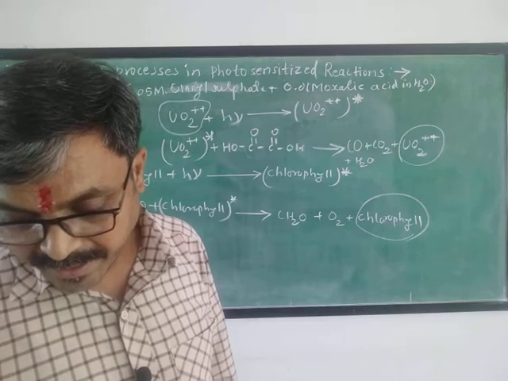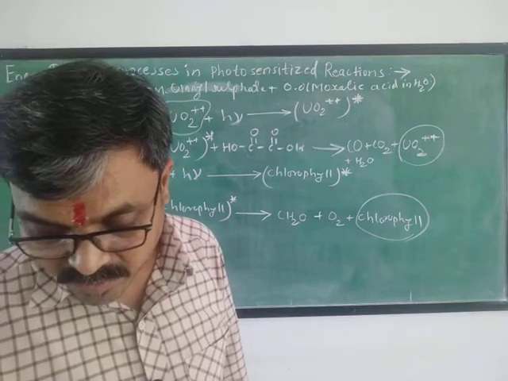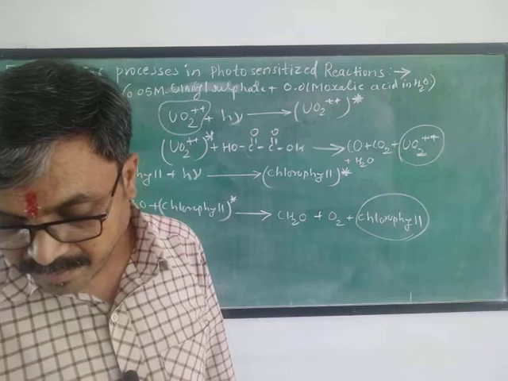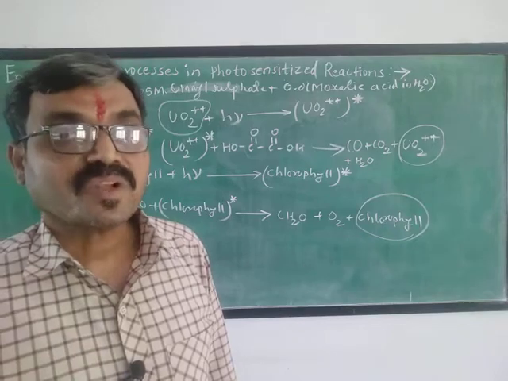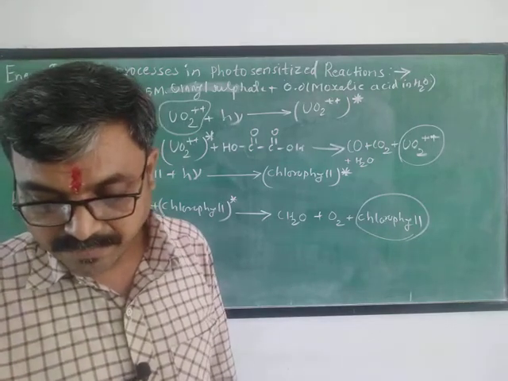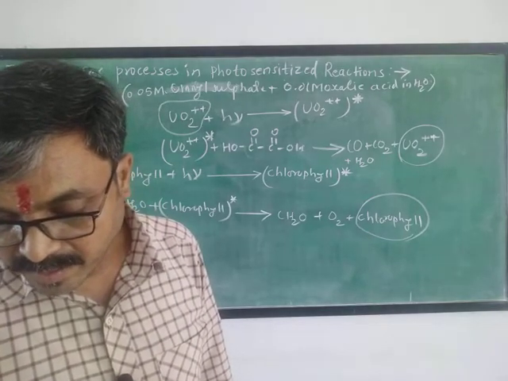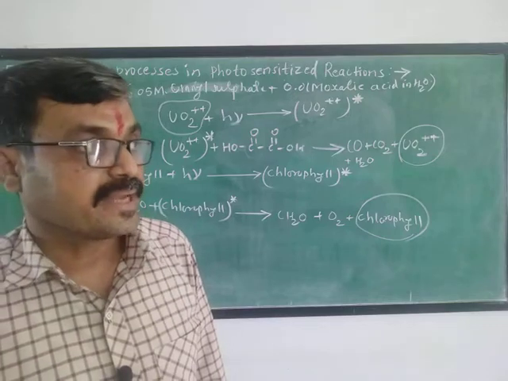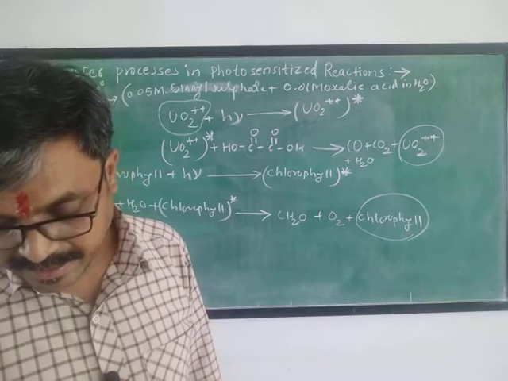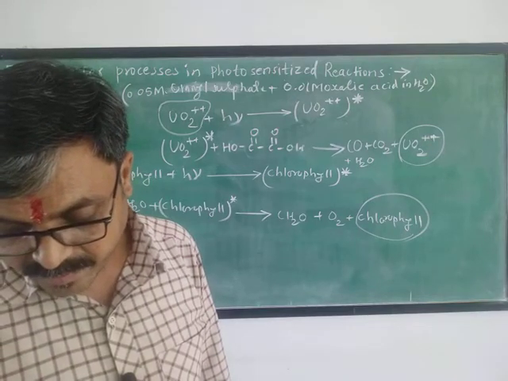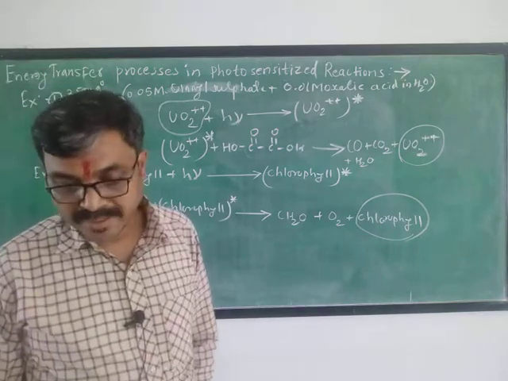Again, you know the decomposition of diazomethane. Diazomethane decomposes. Here again benzophenone acts as a photosensitizer. Next reaction, dissociation of ethylene. Here mercury, that is an atomic photosensitizer, is used to carry out the reaction. And there are some other reactions, isomerization of butene-2.